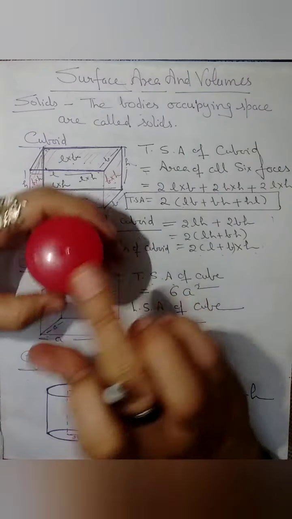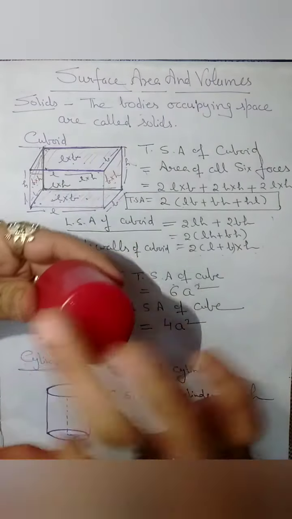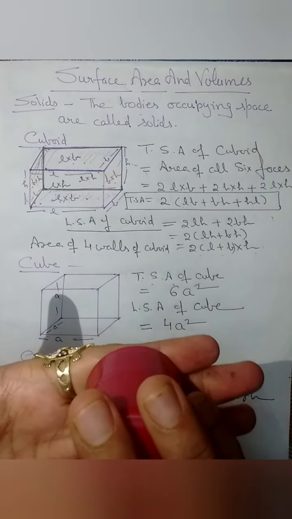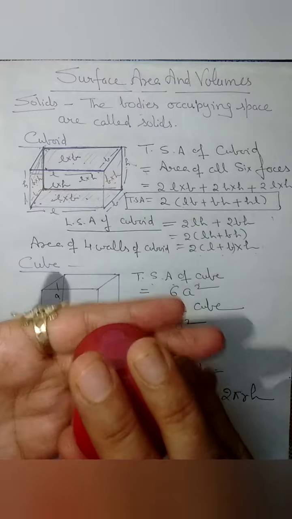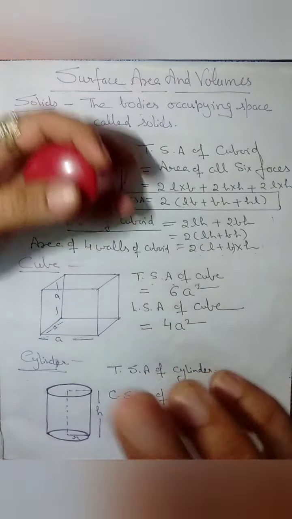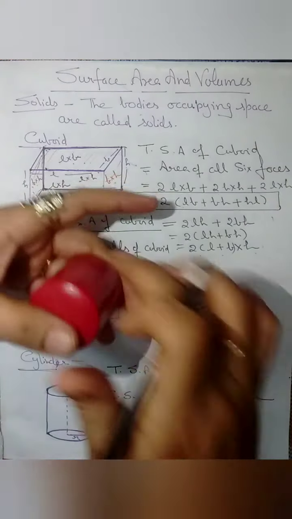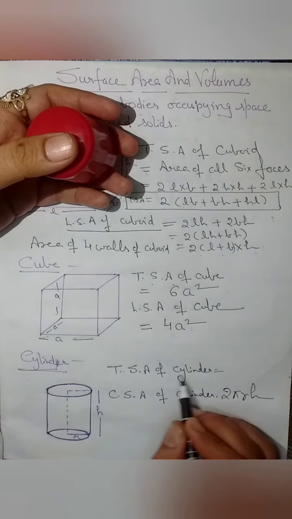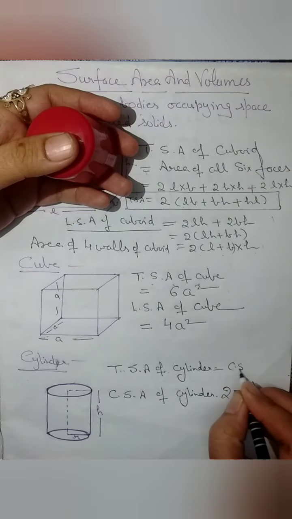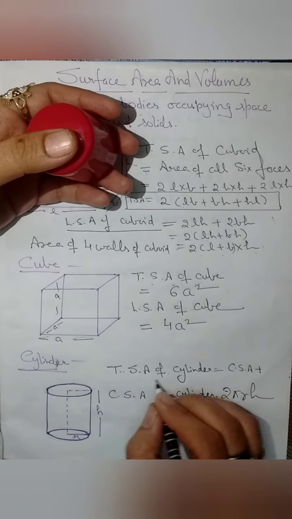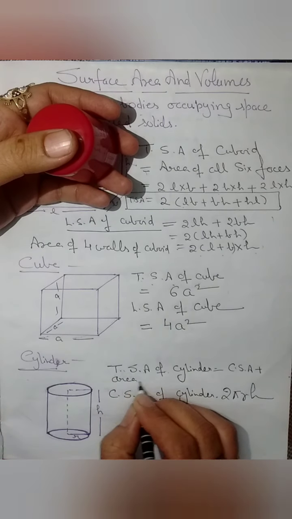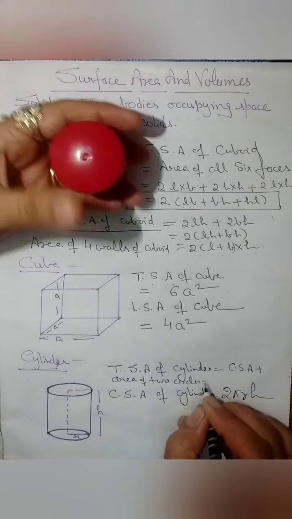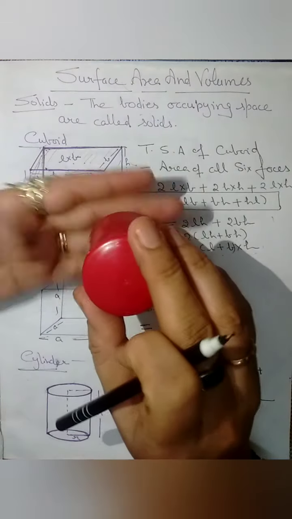Now for total surface area of cylinder, this is curved surface, this is plane surface, and one plane surface is at the bottom. Plane surface's shape is circle and curved surface area is 2 pi r h. So total surface area of cylinder will be equal to CSA plus area of two circles, as one is this one and other is at the bottom.